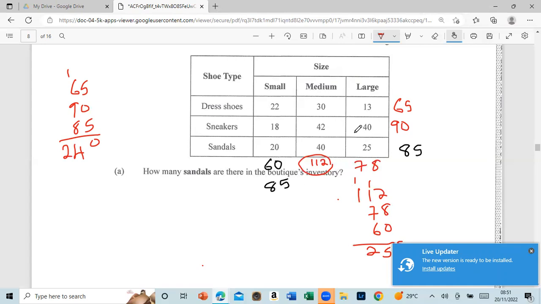Let me see. 40 and that, 82. It's not a 90. Let me see that, 82 and 18. This should be 100. So this should be 100, guys. So this is actually 100.